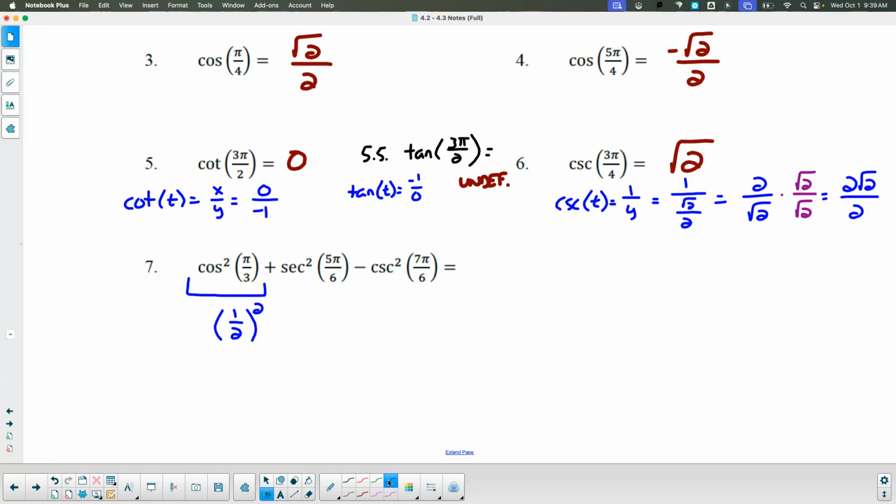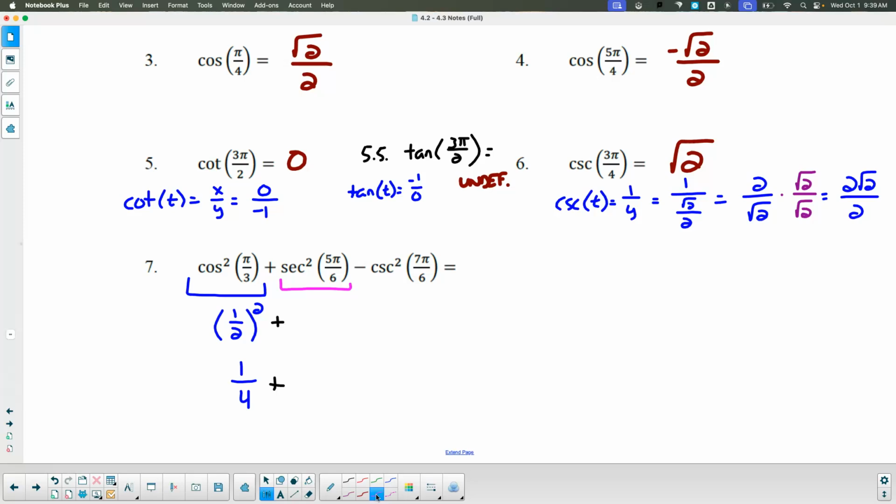So we need to square 1/2. And 1/2 squared is 1/4. So that one is just 1/4. Secant squared at 5 pi over 6.